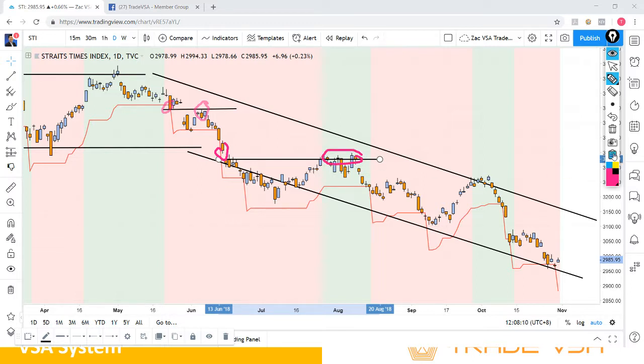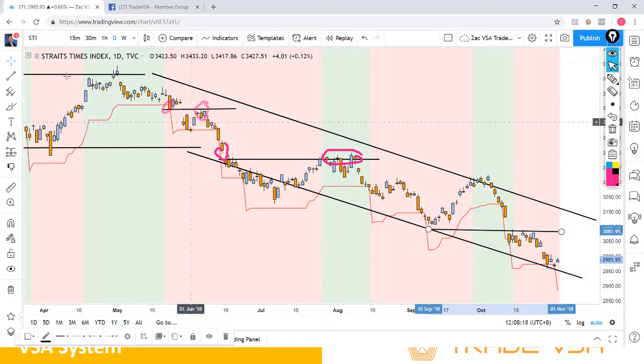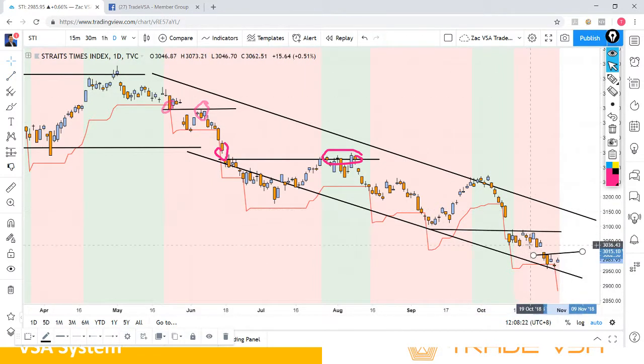And now what we have here, again another gap, and another gap. So this is just a continuation of the markdown stage. Price is just going to be in a downtrend at the moment. So this is another gap from support turned to resistance. So for me, STI is still in a bearish market now.